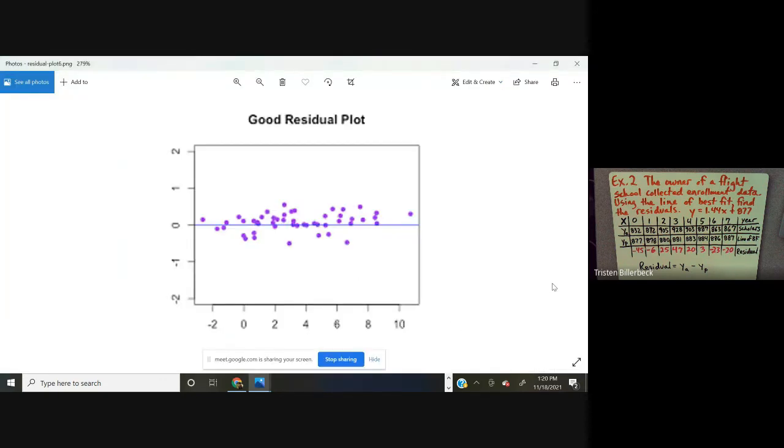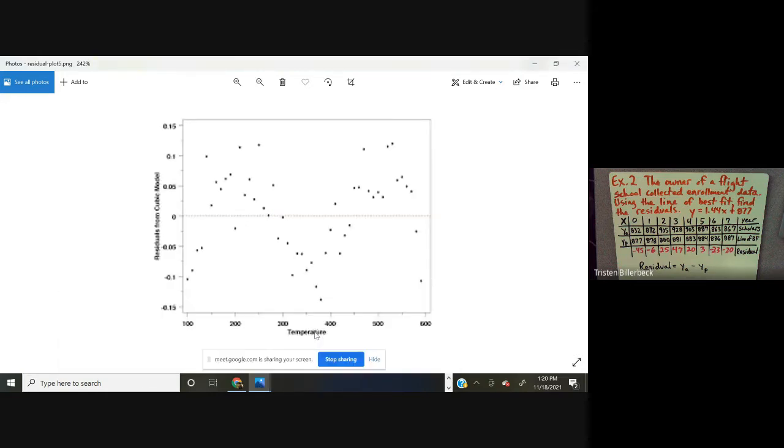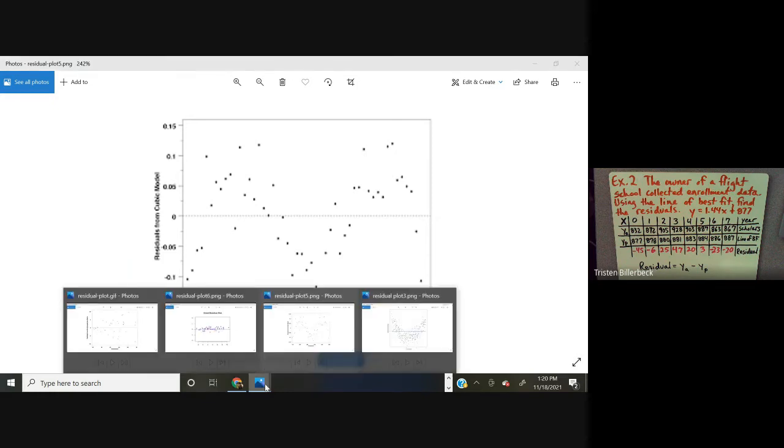This one is classified as a good residual. If we look at that, the data is pretty evenly balanced around the line. Okay, let's take a look at one that might not be a good residual. This one has a bit of an M pattern to it, which makes me a little suspicious that the regression done on this particular data for the line of best fit or curve of best fit was not the appropriate regression.